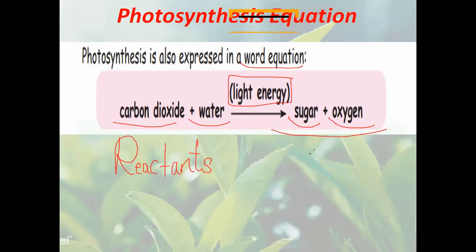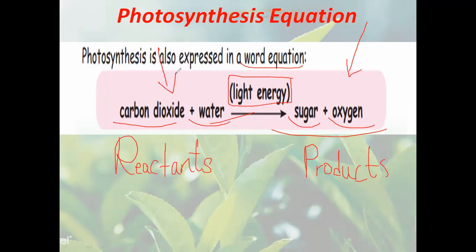What do we call this sugar and oxygen? They are called the products. So always to the right of the arrow, they are called the products. Where is the right of the arrow? The right is here. However, to the left of the arrow is called the reactants.